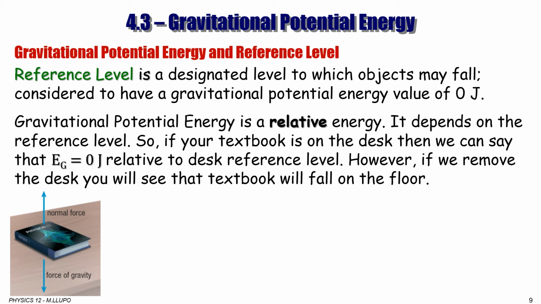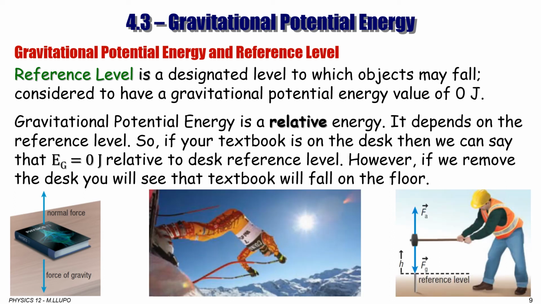However, let's go back to the point, to reference level. If the skier cannot let it go, it is not going to move. It's not going to have kinetic energy of moving, but it is going to move fast because its position and gravitational pull is going to pull him down.